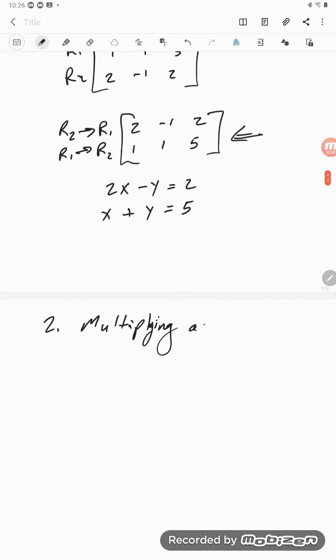Multiplying a row by a non-zero scalar. Because certainly if I multiply a whole row by zero, really what that's done is gotten rid of one of the equations. Well, I would expect a new answer if I got rid of an equation.